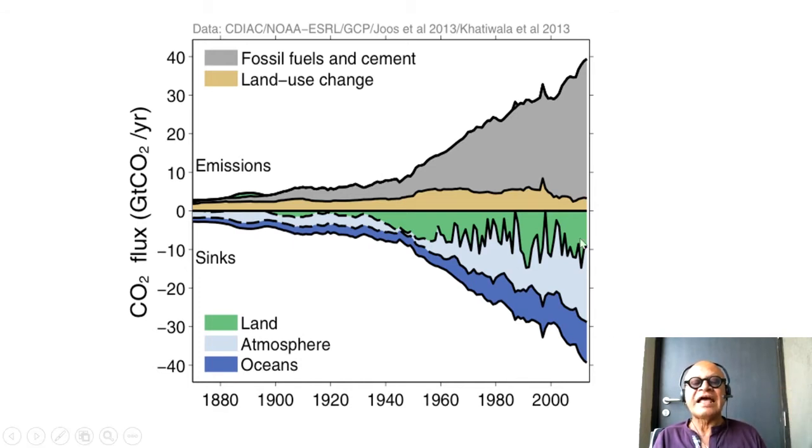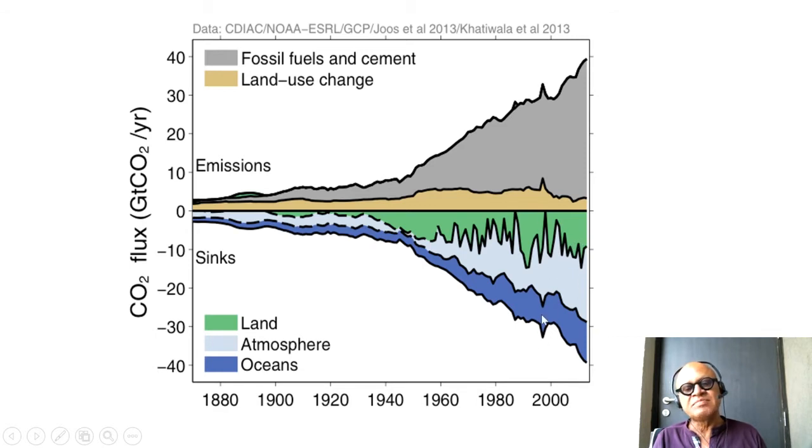And there is the sink in the land, which can be estimated based on various measurements. There is what remains in the atmosphere, and that's what is going into the ocean. You can see that the ocean and land are trying to take up more over time, and the atmosphere is accumulating more as well. But the land has a lot of perturbations.